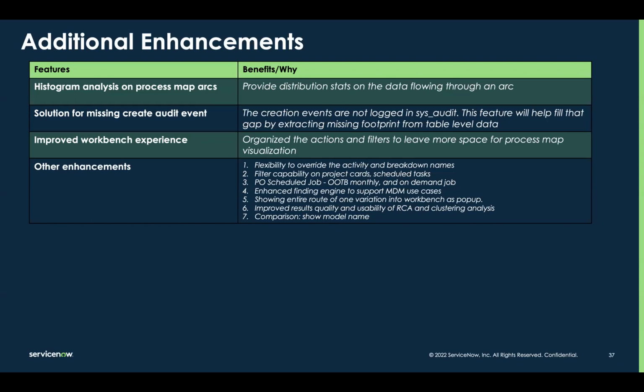So now you can start seeing some of the distribution of the data. In between a transition, we had, let's say, the average duration it would take. But as you know, an average is an average. So this histogram shows you the distribution of time, so you can see where most of the records fall in terms of their total duration for that one specific arc. It just gives you another layer of visibility.